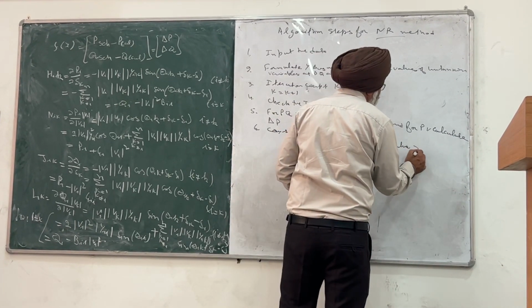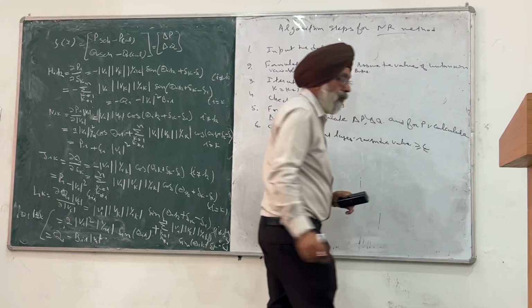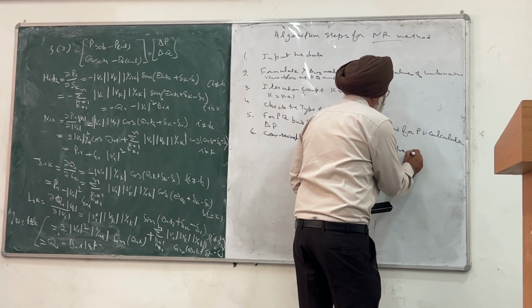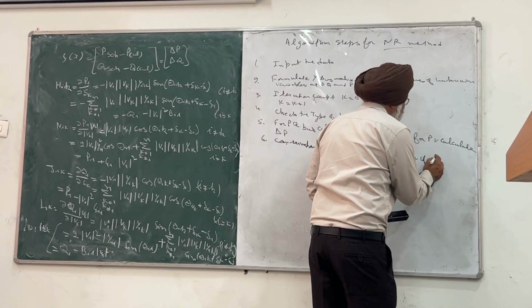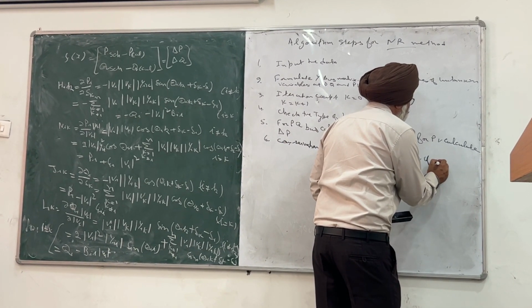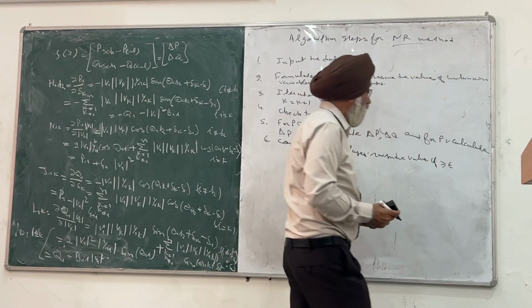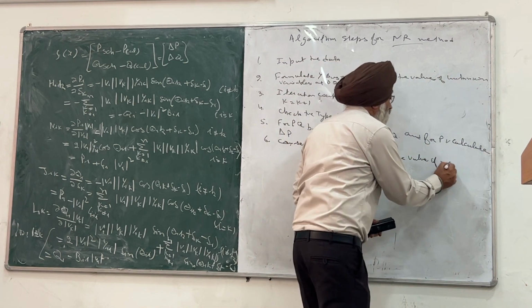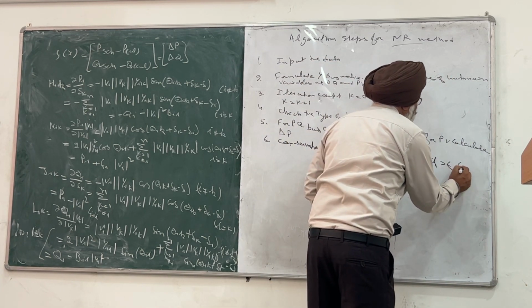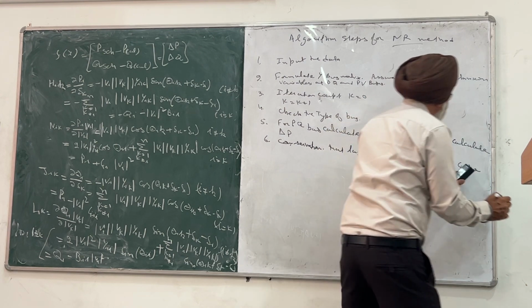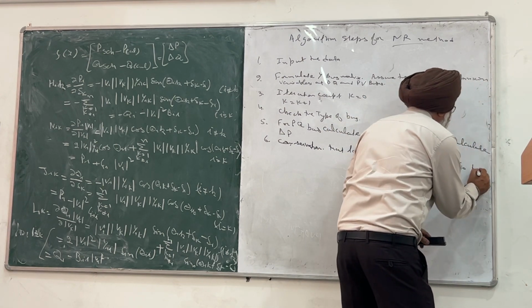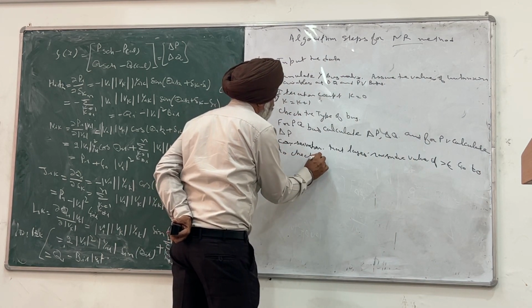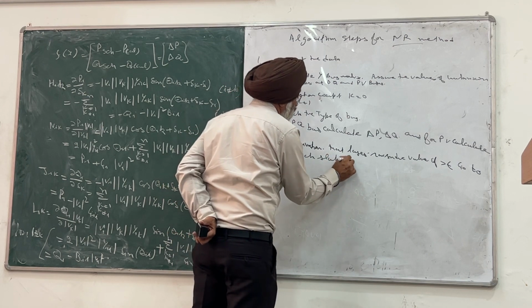If it is greater than epsilon, then we have to go and check the slack bus.